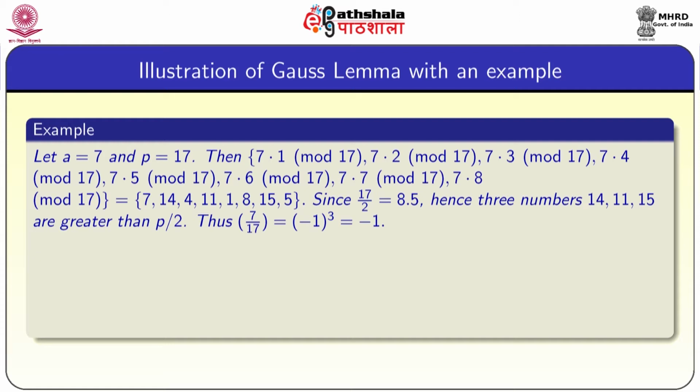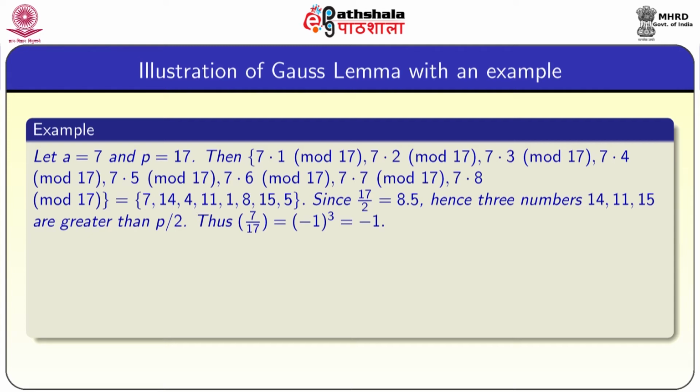So, in the Gauss lemma we are looking for n. n is the number of residues or remainders which are greater than p by 2. In this case there are only 3. So, the Legendre symbol (7/17) is equal to (minus 1) whole power 3, which is equal to minus 1.